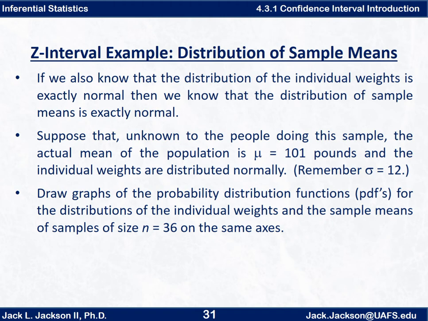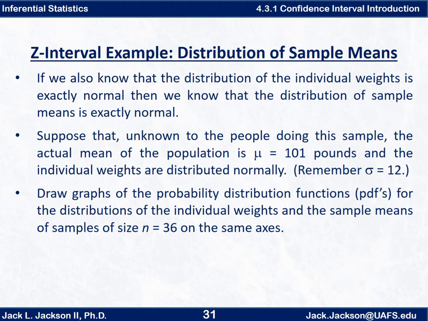Suppose we also know that the distribution of individual weights is exactly normal. Then we know that the distribution of sample means is exactly normal. And suppose that, unknown to the people doing the sample, the actual mean of the population is mu equals 101 pounds, and the individual weights are distributed normally. Now remember, sigma of the individual x's is 12. Sigma for the x bars was 2.